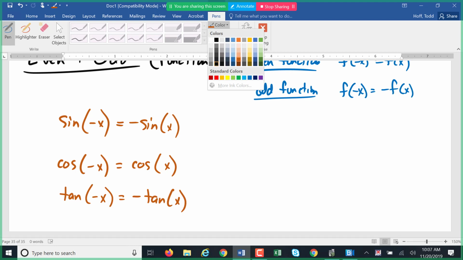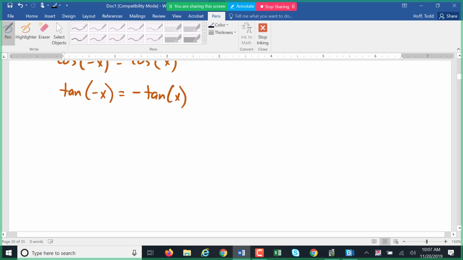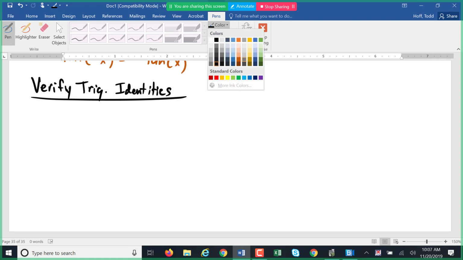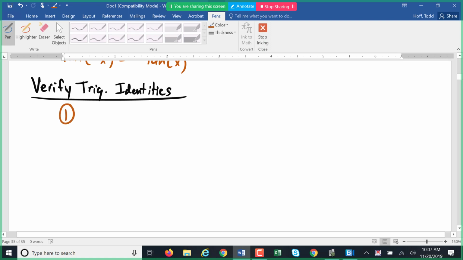So we want to be able to verify trig relationships. We call those relationships identities. When I go to verify identities, the first thing I try to do is convert every function to sines or cosines.